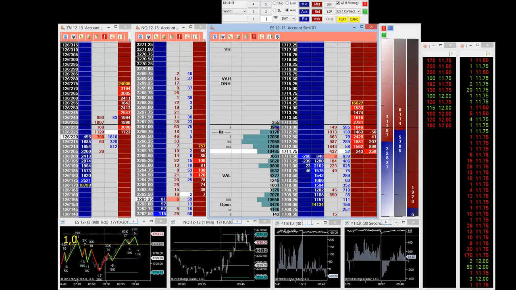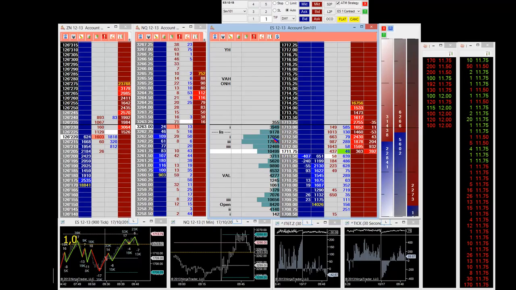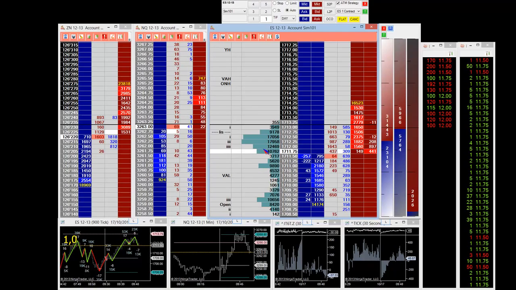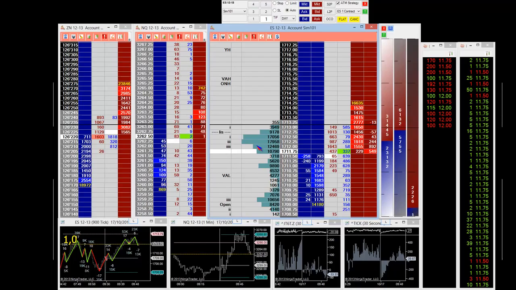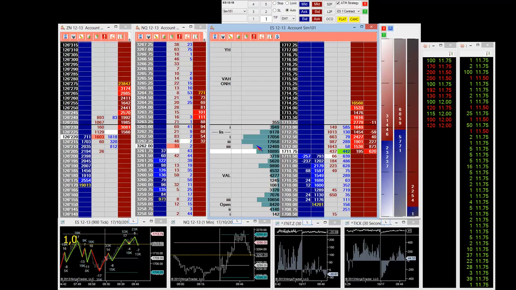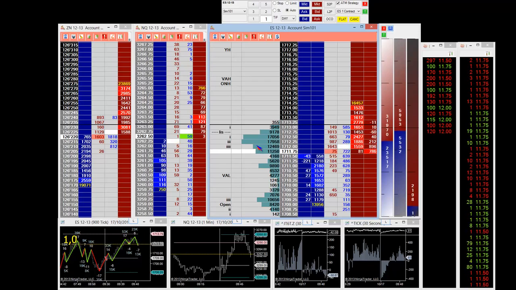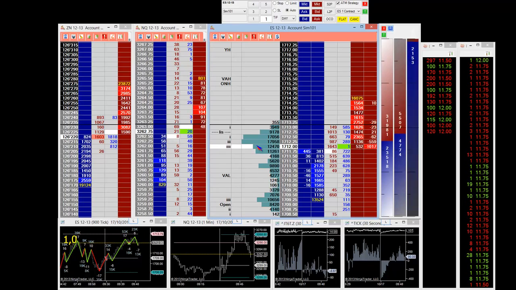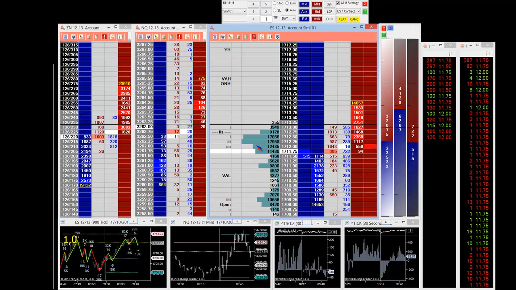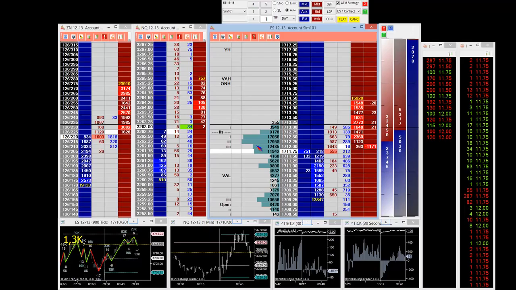So if we look now, from 1711.75 to 1712.50, we've got a chunk of volume on the volume profile, and every trade in the market is a buy and a sell. But when we've got a concentration, a chunk on the volume profile there, as we move down from that area, we know we're going to have people long and short positioned in that area.